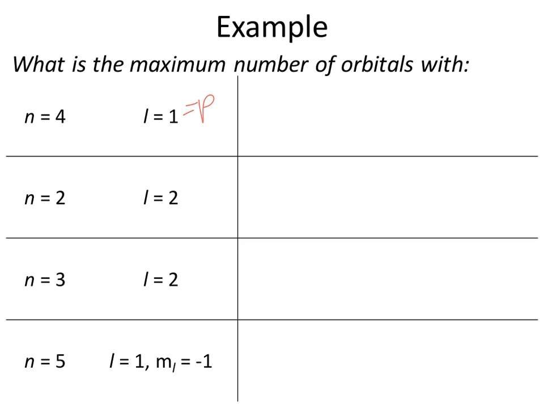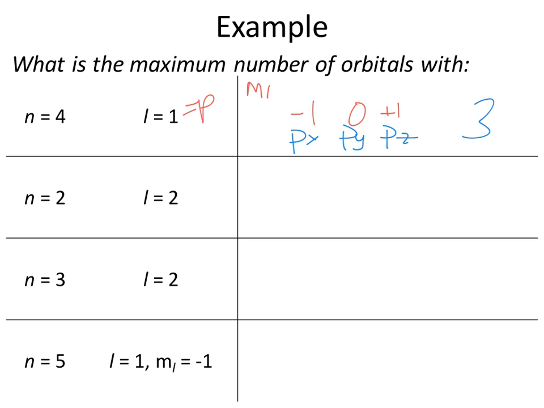What we need to do is find our ML. Our ML is from negative L to positive L, so it could be -1, 0, and 1. So we have three possible orbitals, so the maximum number of orbitals will be 3. Remember, this will relate to px, this will relate to py, and this will relate to pz.